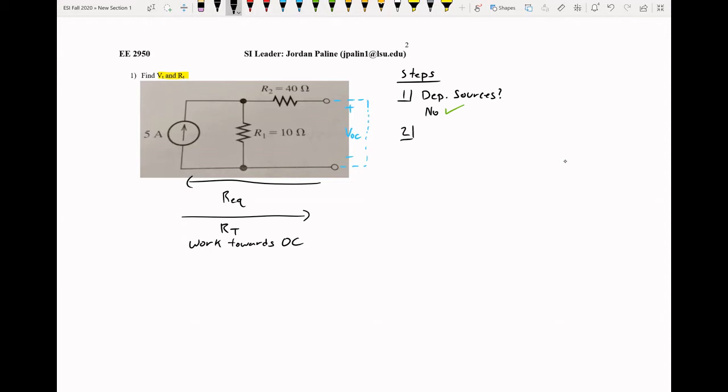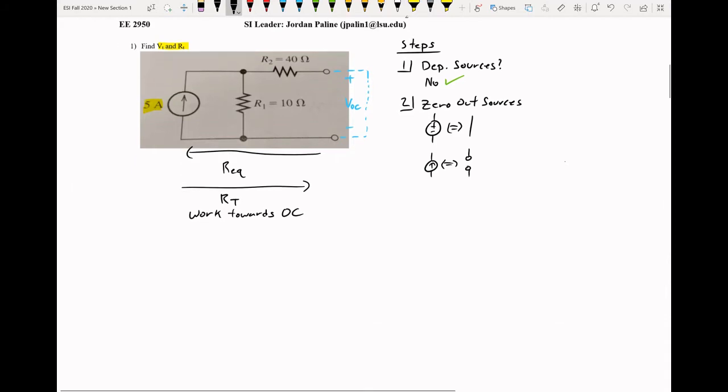Step 2 is zero out sources. This is where we take batteries and turn them into wires, or take current sources and turn them into open terminals. If we look at our circuit, we have a current source.